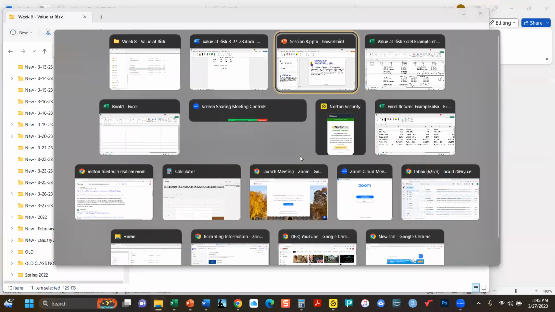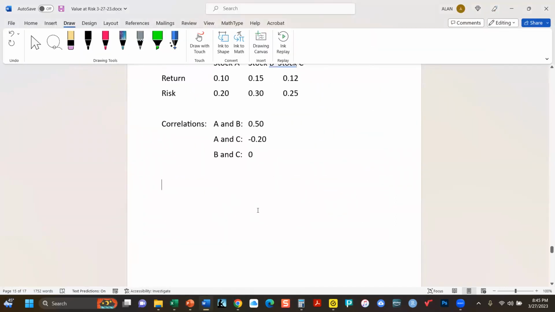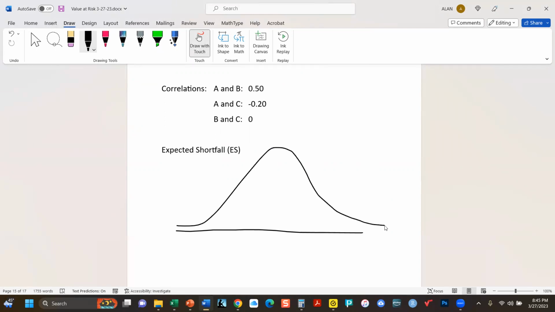What I wanted to say is that we're looking at the left tail, the normal value at risk. So if you just imagine drawing a picture of the left tail, let's say a 5% tail.